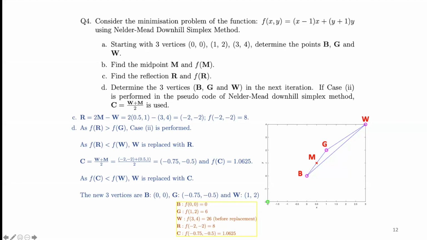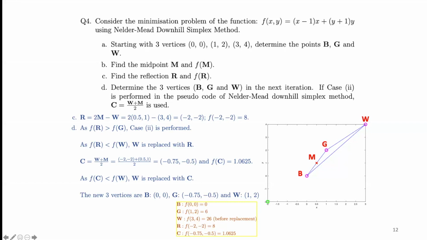No, we do not need to recalculate M. That means M we already calculated at the beginning of this algorithm, right here, to determine whether we are going to use case 1 or case 2. Okay, so is that because after a reflection, the endpoint stays the same?